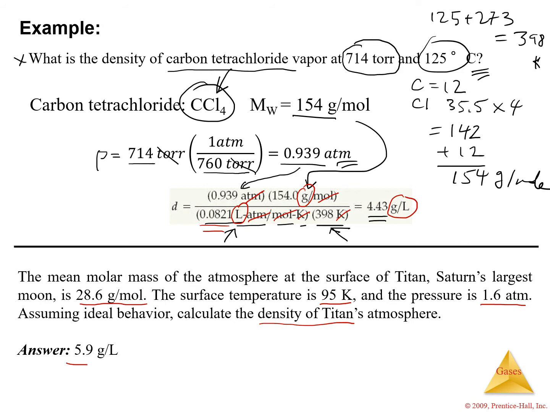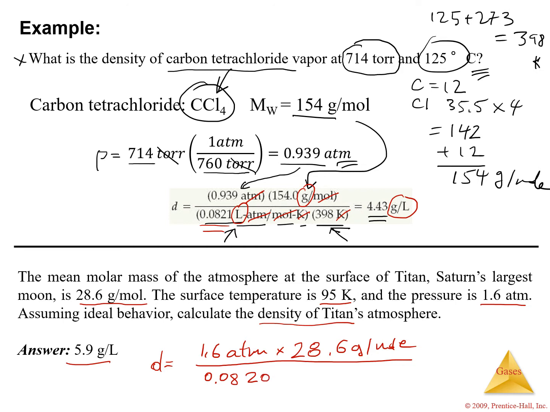So this is the answer, and the calculation should be trivial: the density is equal to the pressure, which is 1.6 atm, times the molecular weight of the gas, which is 28.6 grams per mole, divided by 0.082. We can use even 0.0821, it's a little bit more accurate value. This is the value from the table.